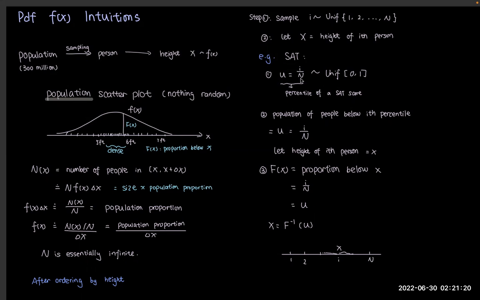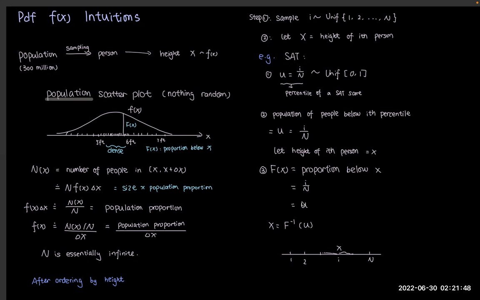Then you want x to be the height of the ith person, which means the proportion of the people below the ith person is U, which is I over n. That means F of x, which is the proportion of the people below x, is what we want. The proportion of people below x is I over n because we sampled the ith person.